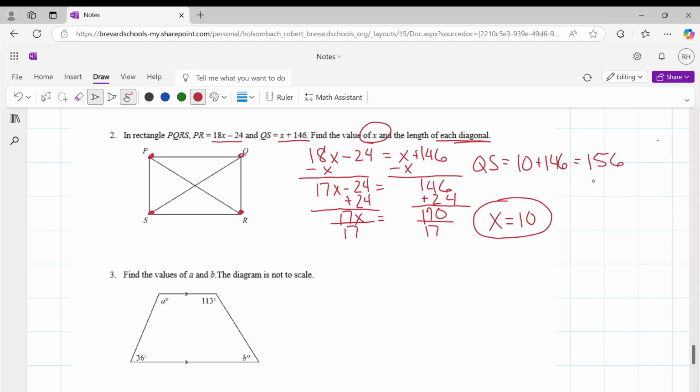And the diagonals are congruent. So PR is also equal to 156. The key is in a rectangle, diagonals are congruent. All right? Diagonals in a rectangle are congruent.